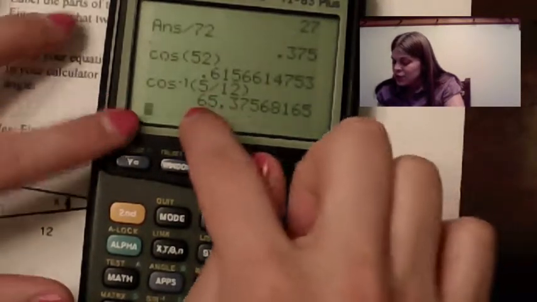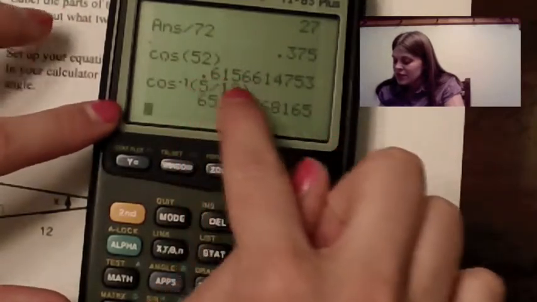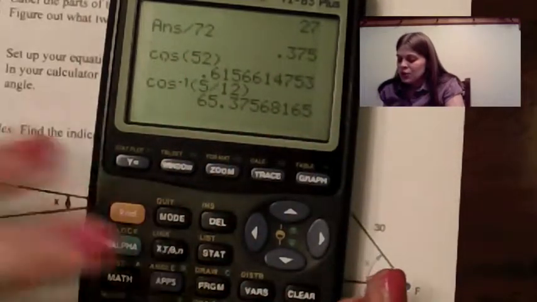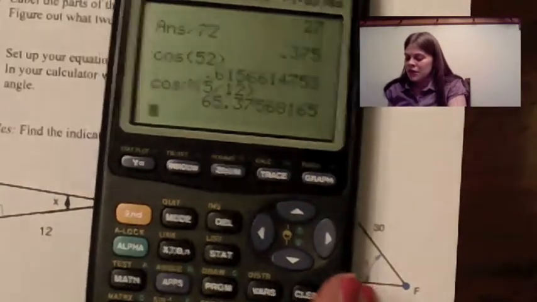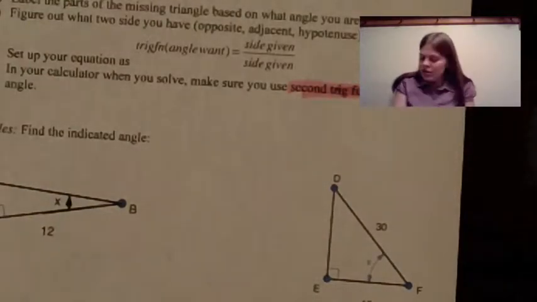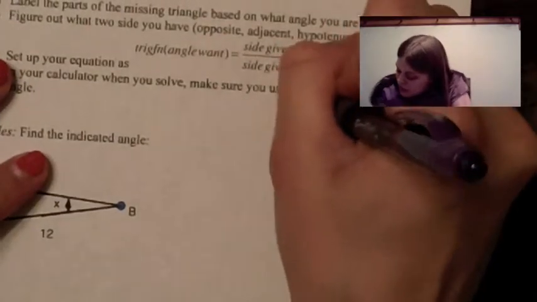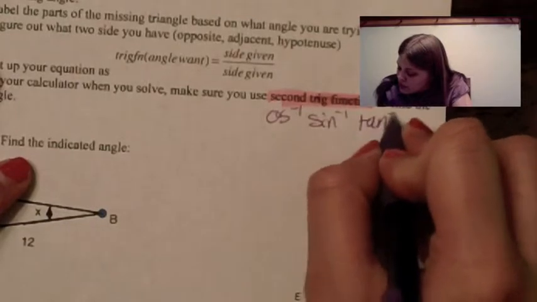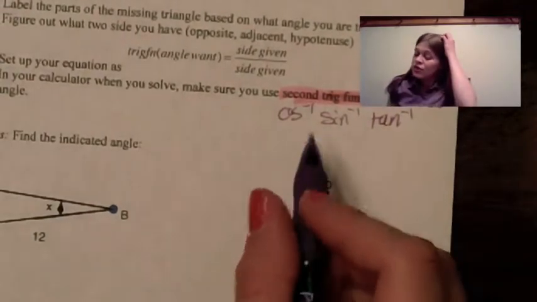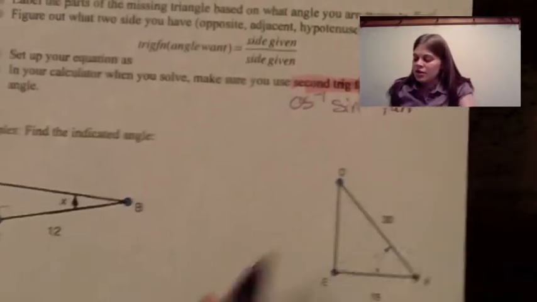Like that. So this gives you the angle, whereas this gives you the cosine of an angle. So these are the differences from yesterday and today. Okay, so it looks like cosine -1, sine -1, or tangent -1. So usually you have to hit second to get that on your calculators.